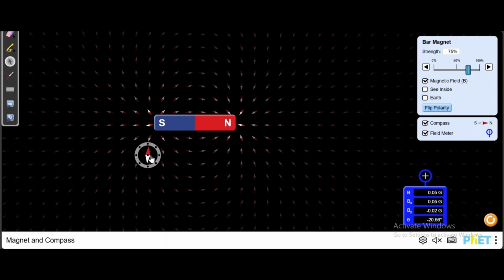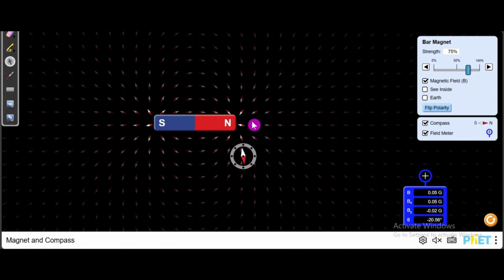At each point the magnet has its own effect. Here at this point the magnet has this effect because this is the test magnet, the right side is the north and the left side is the south. In this case the north of the source magnet will attract the south pole of this test magnet, due to which this sort of effect occurs here.